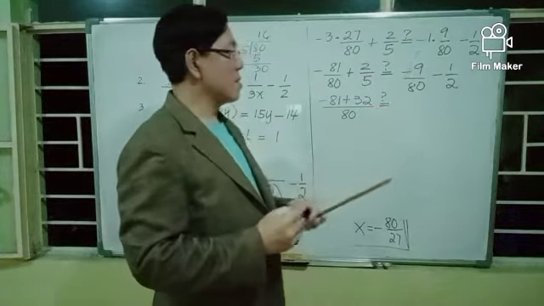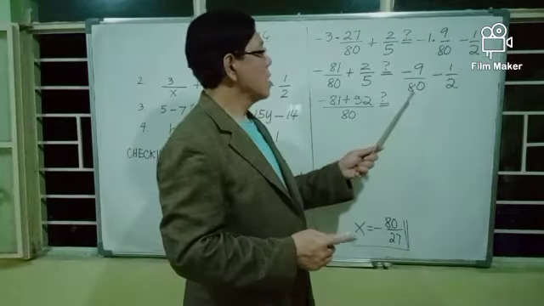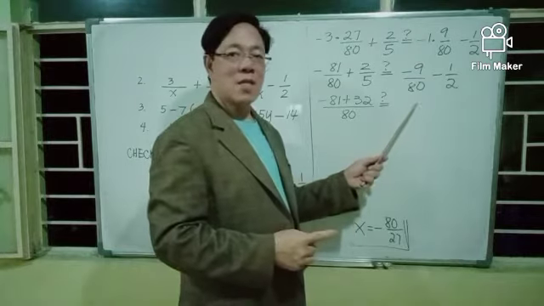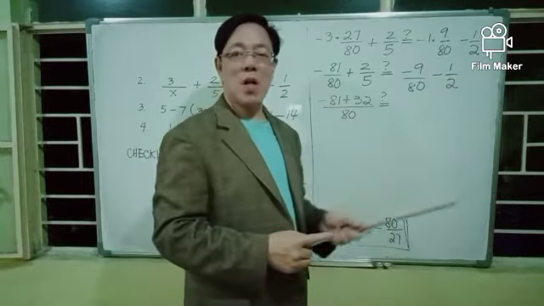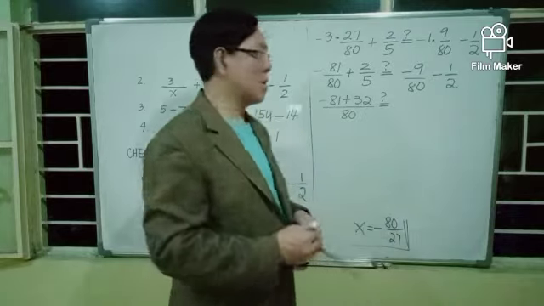the right hand side. Now to combine these two fractions at the right hand side, we again get the LCD of 80 and 2. The smallest number that can be divided by 80 and 2 is 80.